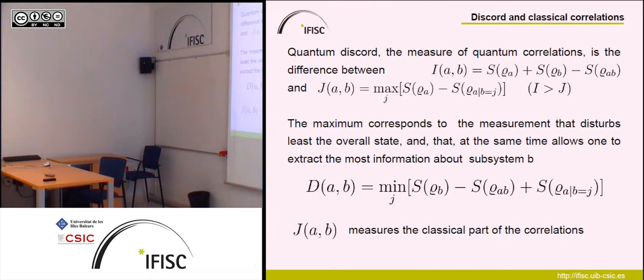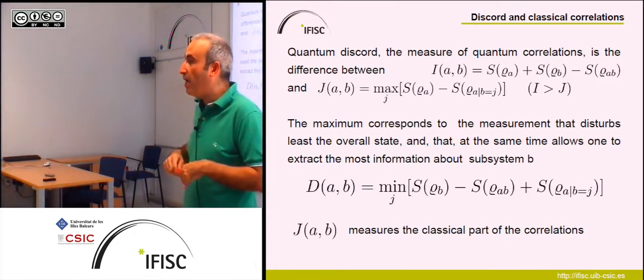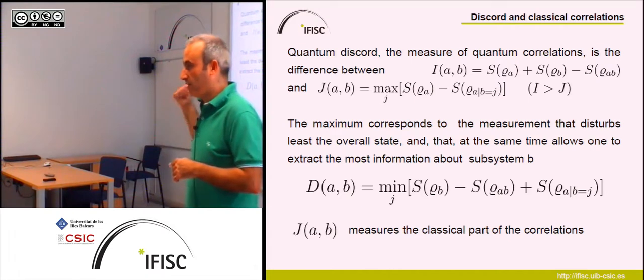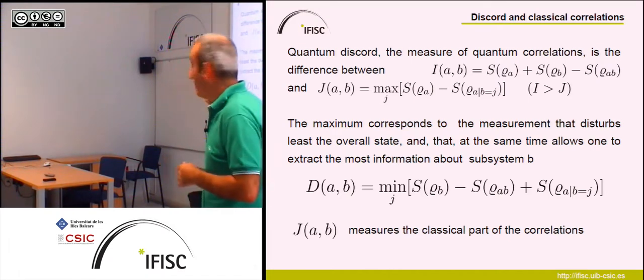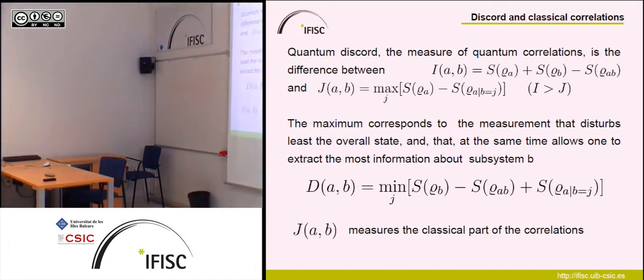To a product state, I want to say which is the distance. I build all the possible product states in my Hilbert space, and I look for the minimum value of this relative entropy. And I find that this minimum value coincides with I. So I is equal to the distance between your state and the closest product state.